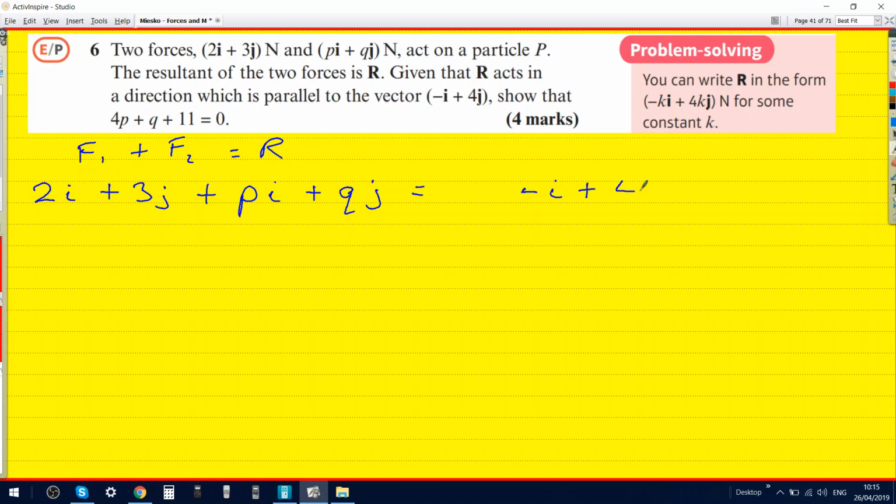So we put x brackets minus i plus 4j? Yeah, we usually call it K. Let's call it K. Yeah. Yes, okay, so we have to just construct this equation. How do we go about that?